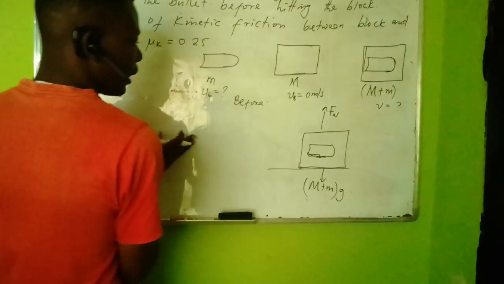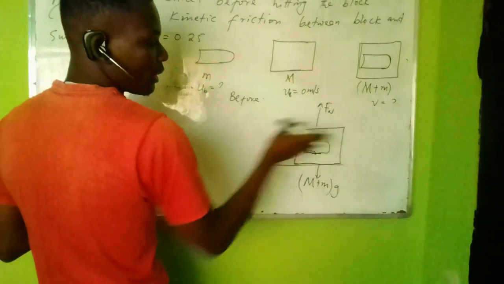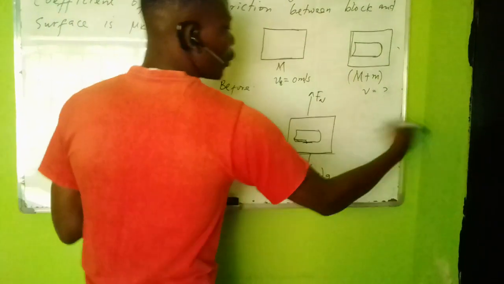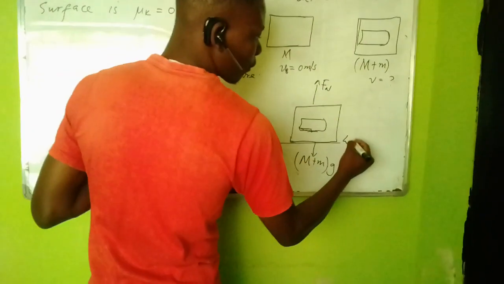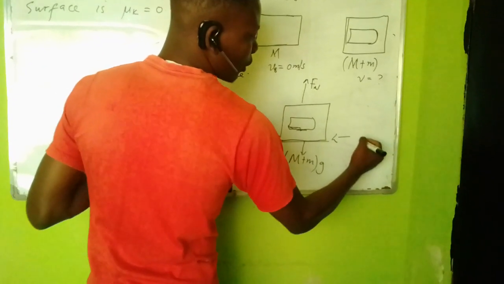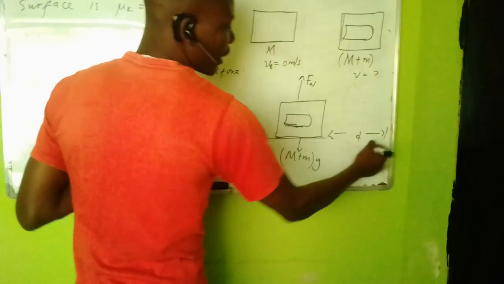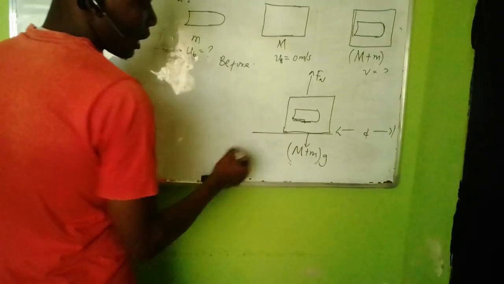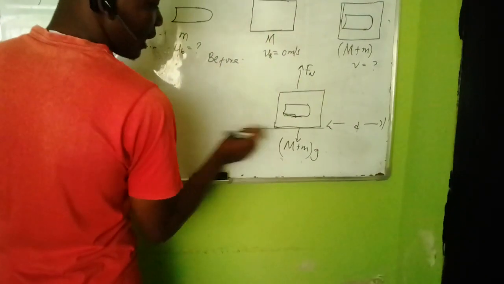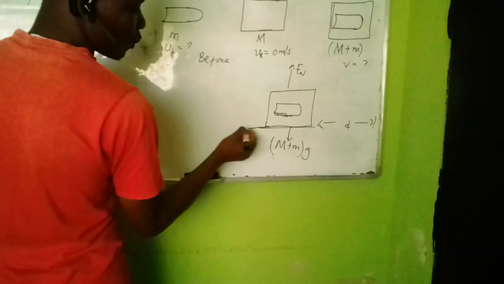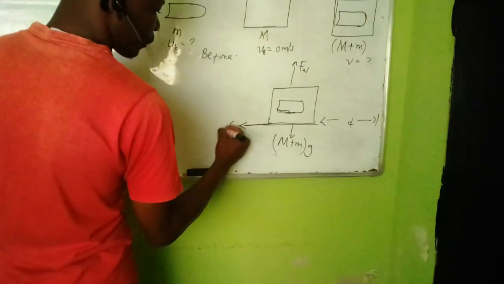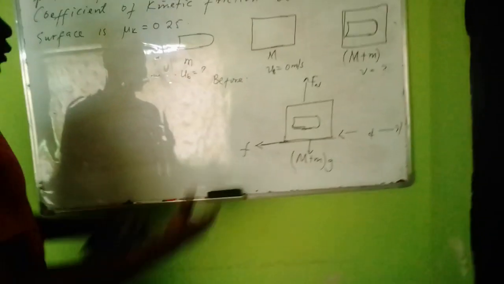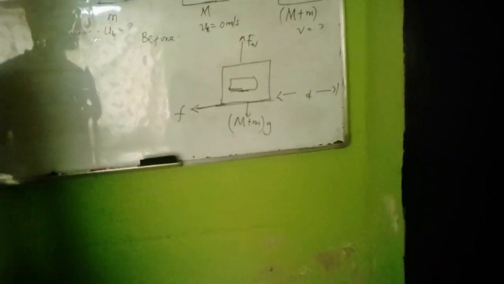And then since we are saying it has been hit in this direction, as the bullet is going in that direction, then this block is going to move in that direction, a distance of 9.5 meters. And then since it's going to move in that direction, then friction force is going to be in this direction. So we have the friction force like that.